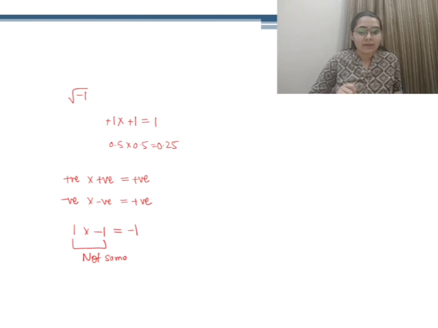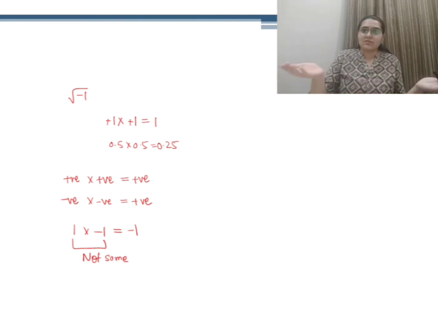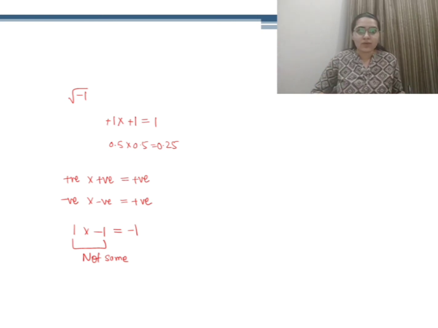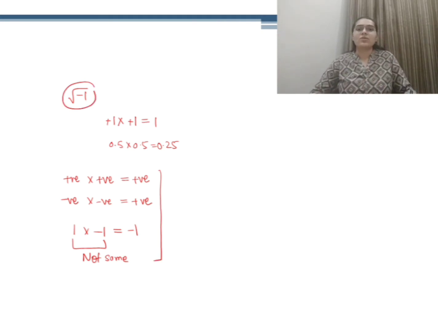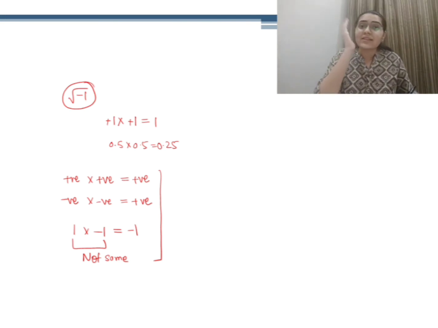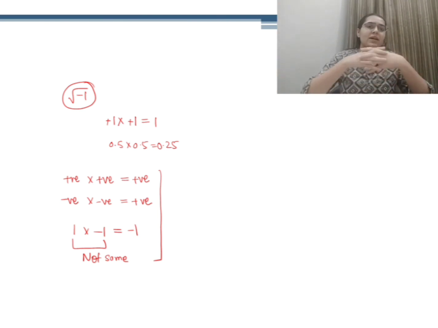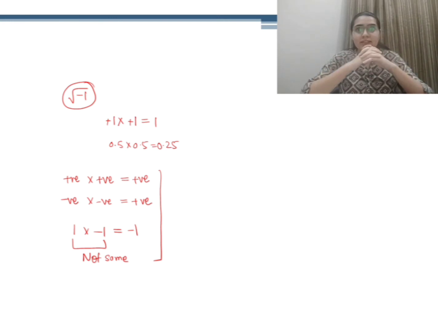If they're not same, then the definition of square root is just violated, and you cannot say that it's a square root, right? But we can see it. It's written over here. Square root of -1. That means it exists, but we cannot solve it. If we cannot solve it, and it still exists, that means it's not real, but it still exists.